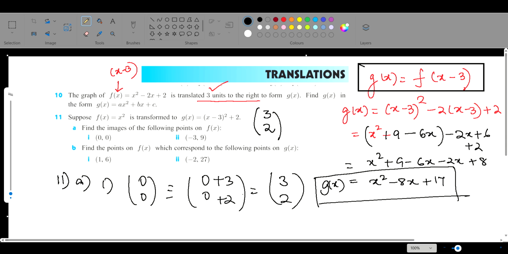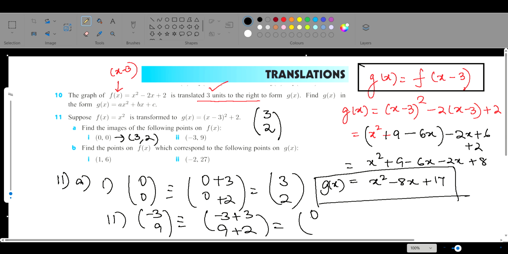In coordinate way, it is actually 3 comma 2. What about the next one? Minus 3 9. So it is minus 3 plus 3, 9 plus 2.